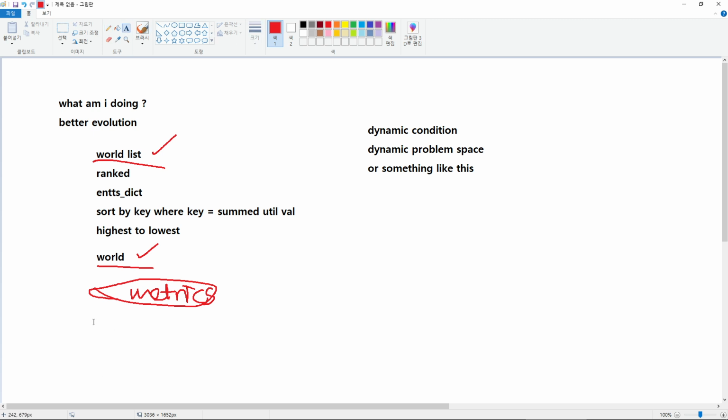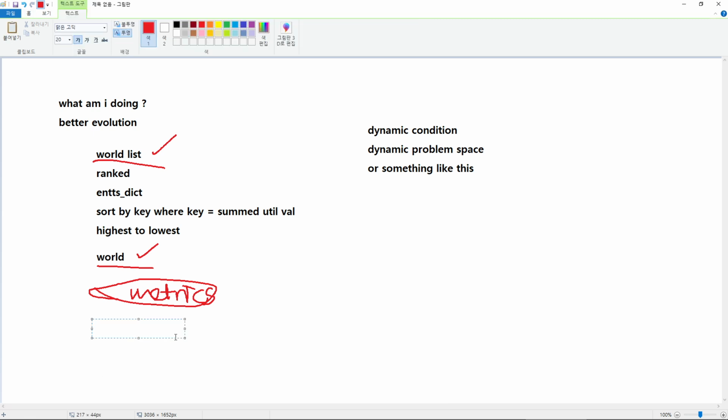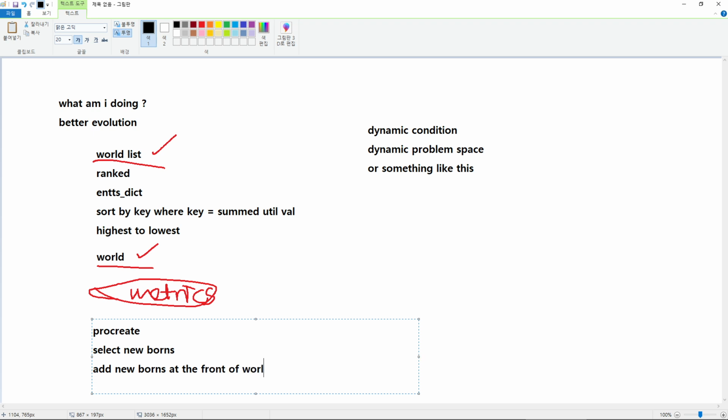And what else do we do? We procreate. Why is it in red? Because I just used red. We procreate and then select newborns, add newborns at the front of the world.